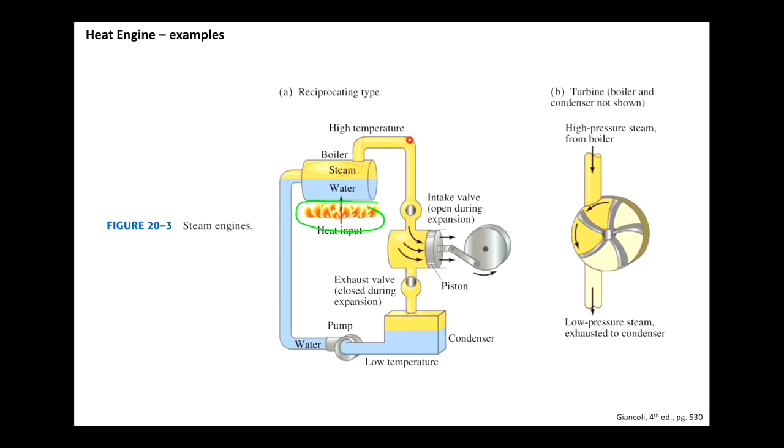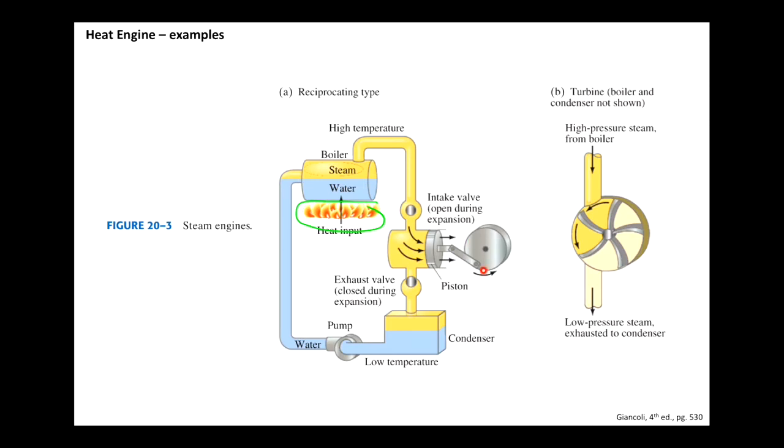There's no reason for the steam that's being created by putting heat in to go through here. Nothing will happen unless low temperature is over there, and it flows that direction, okay? So you can imagine during the first stage of this, if this valve is open, the steam flows in and pushes the piston to the right. So it has to do some work on the piston, first of all.